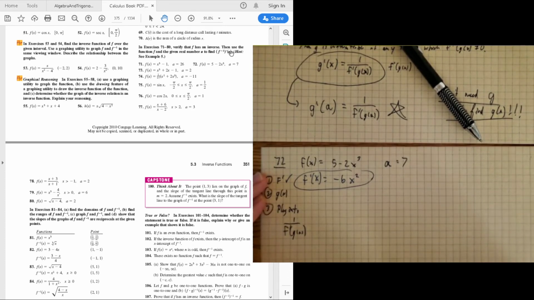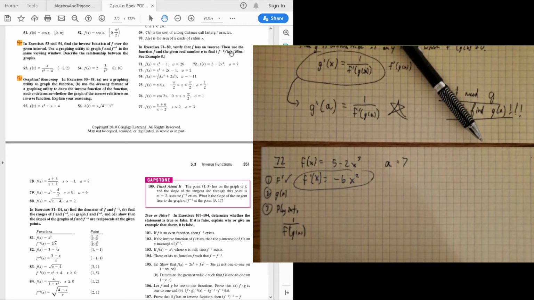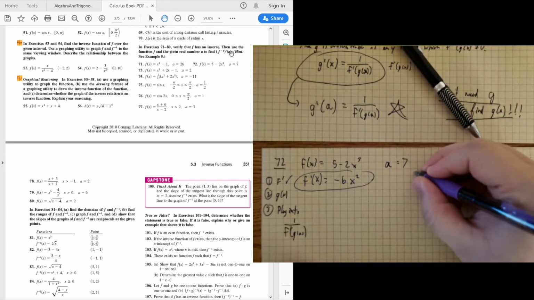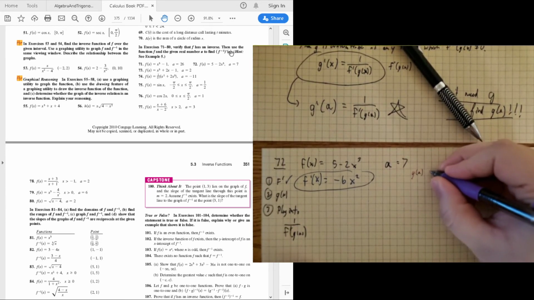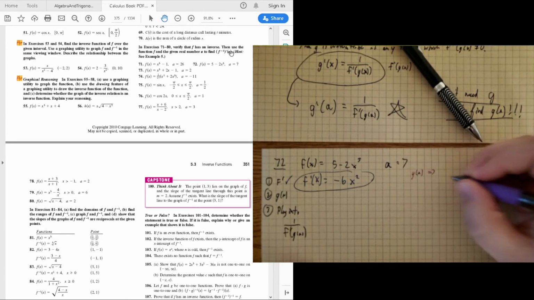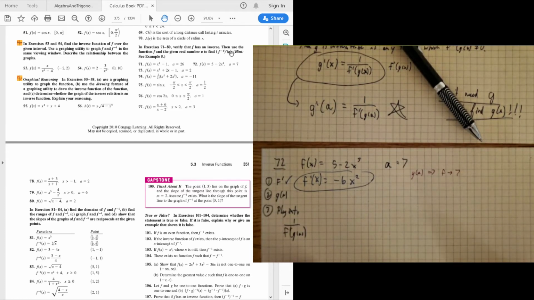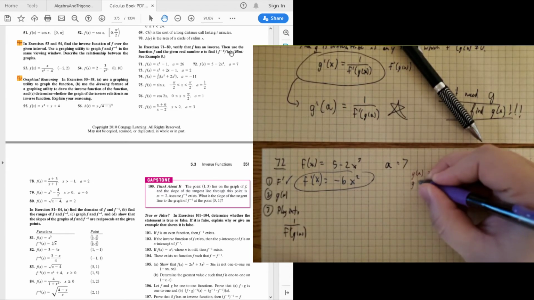Check. Now, I need to find g of a. Well, how do I find g of a? Well, if a equals 7, g of a literally means what value of f gets me 7. Remember, g is the inverse function. So if I want to find out what g of a is, I really want to find out what g of 7 is.